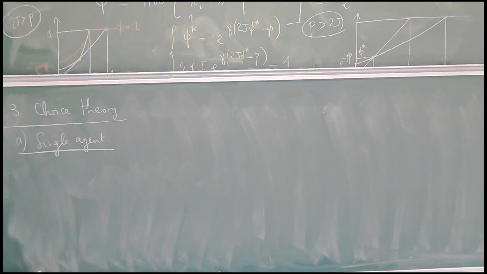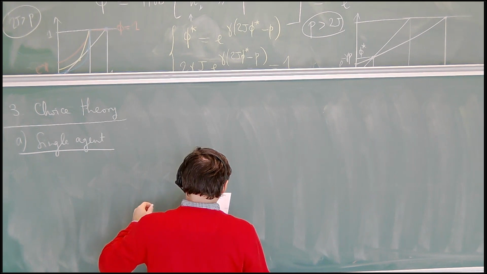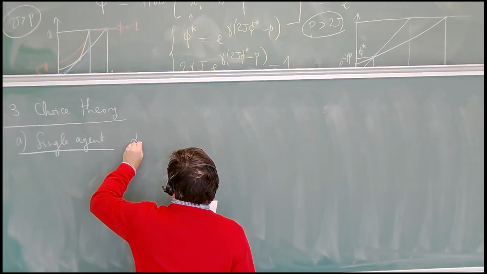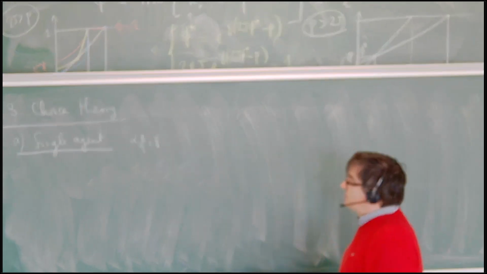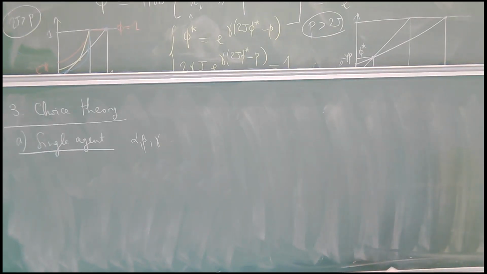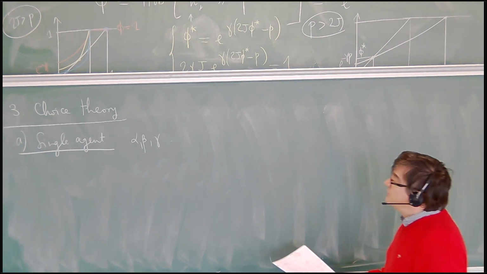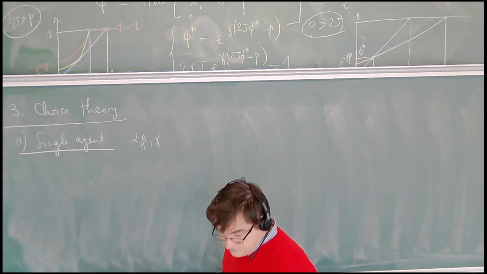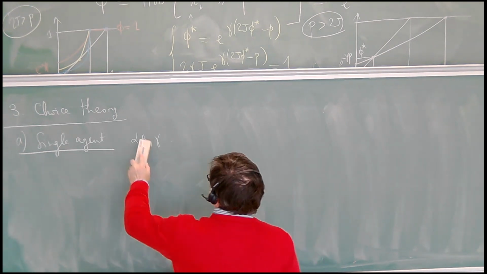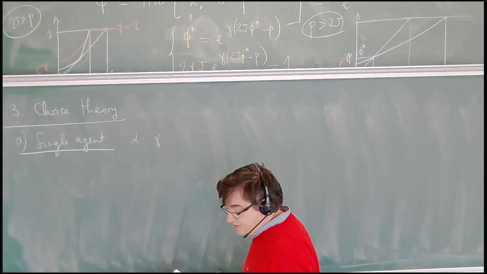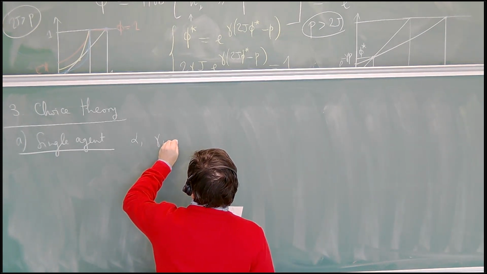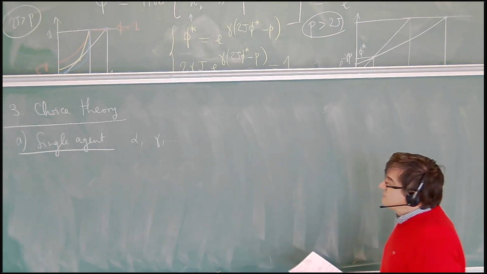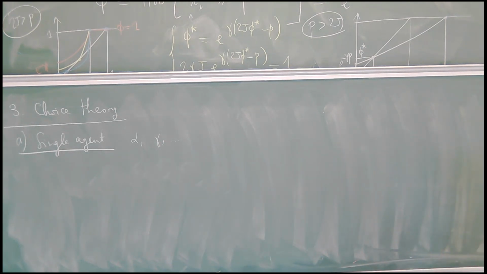And for a single agent, he's going to be confronted with a certain number of possible choices: alpha, beta, gamma, and so on. So these are possible choices. In the case that I've considered up to now, there were only two choices. It was a binary decision, but let me remove beta because I'm going to use beta for another notation: alpha, gamma, and so on. But in other cases, you can be confronted with multiple choices.